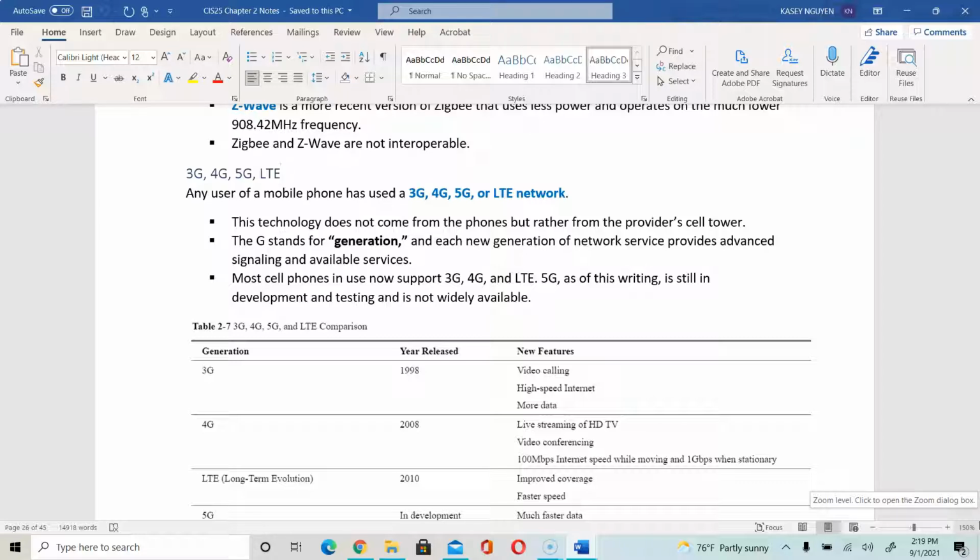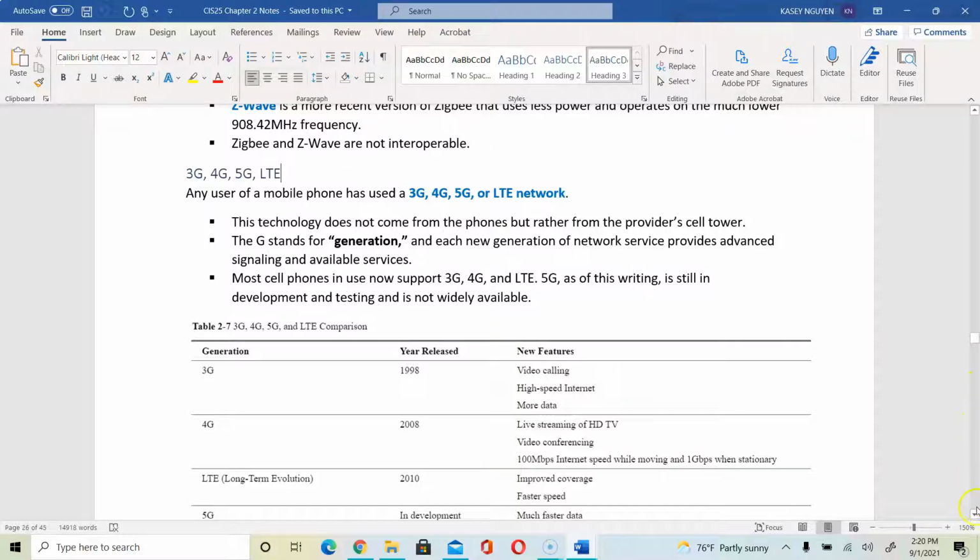So G stands for generation, and each of the generations would be based on the network service that's provided by the service provider, like T-Mobile, AT&T, Verizon, and so on. It's basically pertaining to signaling and how that is being supported with the provider networks.